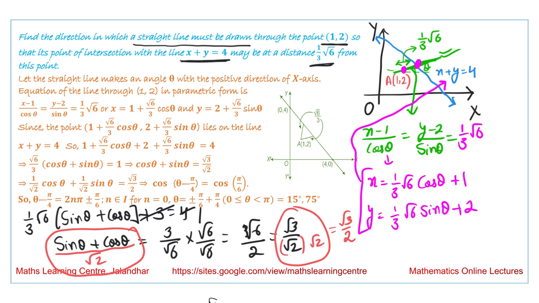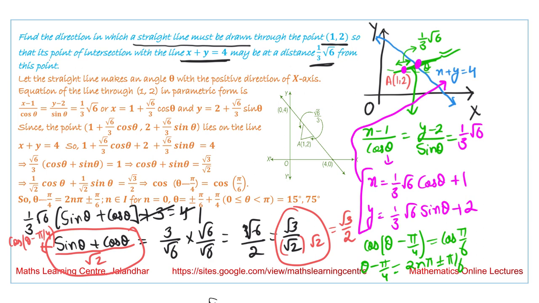So this value is cos of (theta minus pi/4). We are getting cos of (theta minus pi/4) is equal to cos pi/6. Solving this, we get theta minus pi/4 is equal to 2n pi plus or minus pi/6.